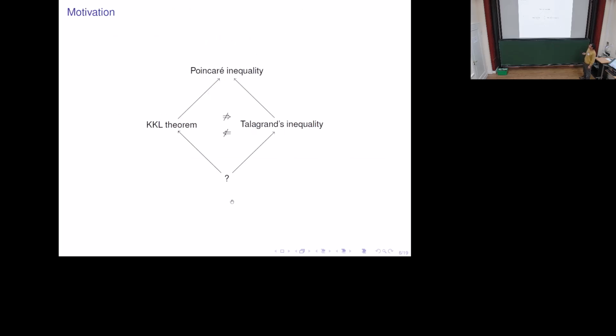To summarize, we now have two tightenings of the classical Poincare inequality from different perspectives: the KKL in terms of influence, and the Talagrand inequality in terms of the sensitivity, and they do not imply each other. So the natural question is whether you can find a unifying tightening of both the KKL and the Talagrand inequality. That was a question asked by Talagrand in 1997.